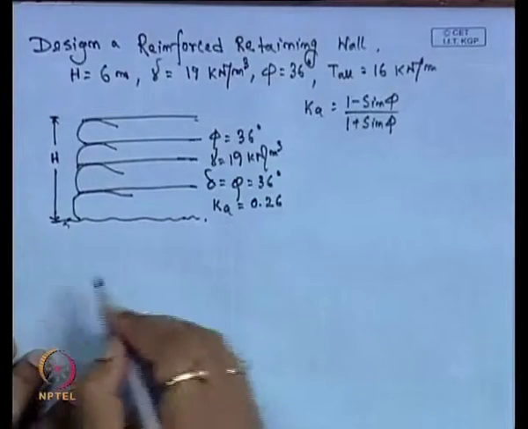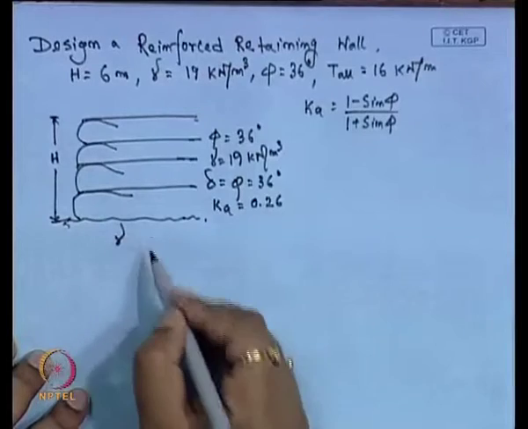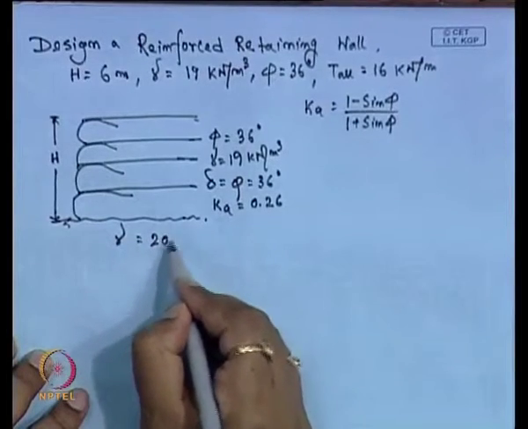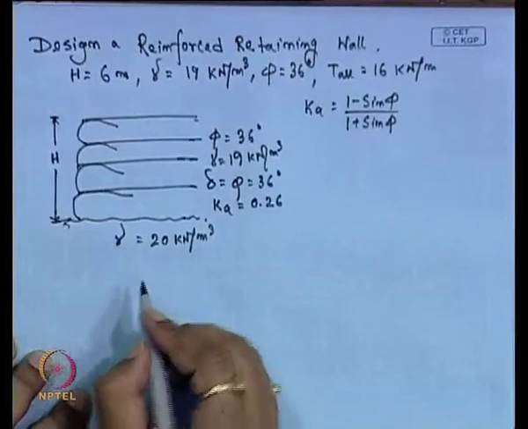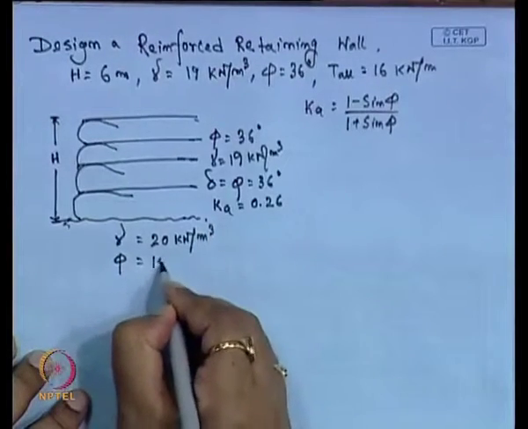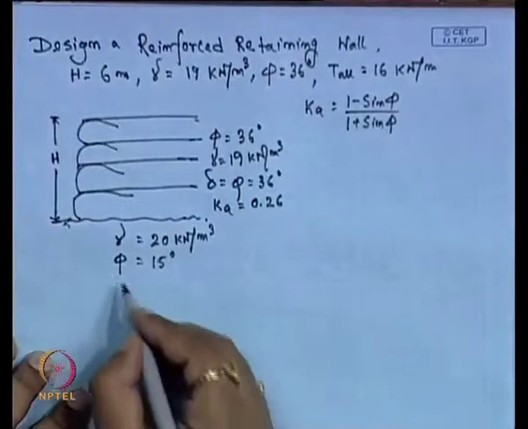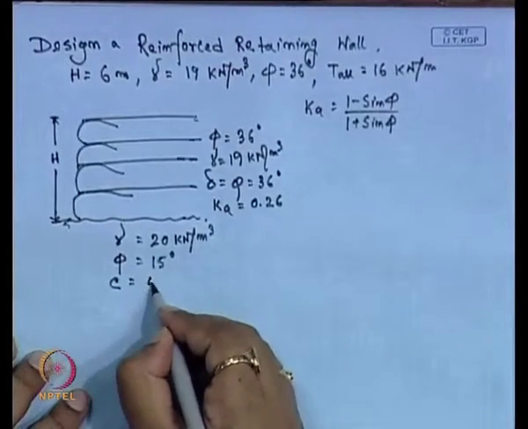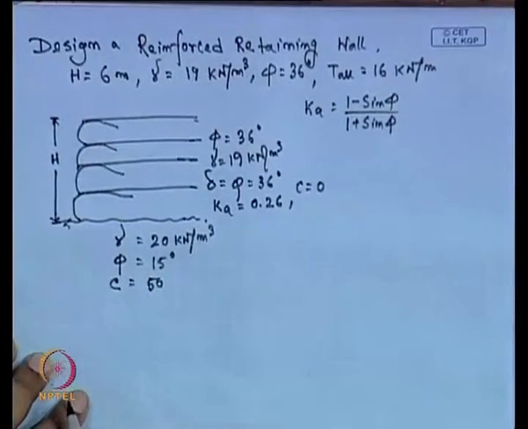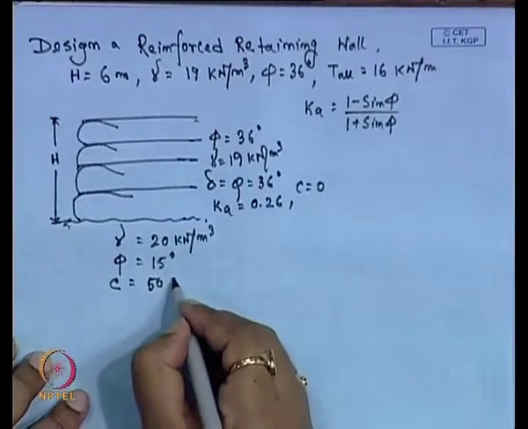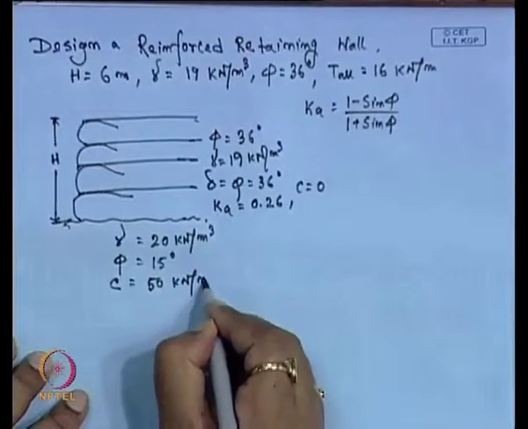Similarly, the foundation soil has the properties: gamma is 20 kilonewton per meter cube, phi is 15 degree, C is 50, and for the fill soil C is taken as 0. So, C is 50 kilonewton per meter square.